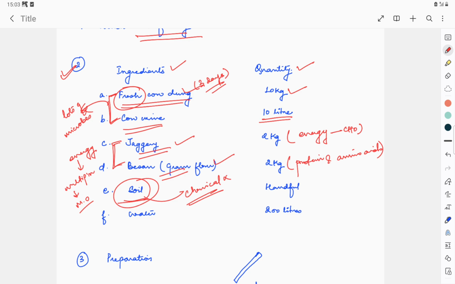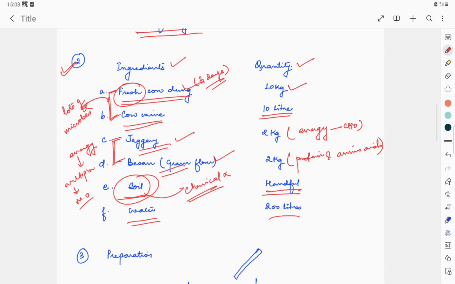It's a kind of inoculation that is going to help in better adaptation of the microbes to the local field condition. So we need a handful of soil where there has been no use of chemicals. Then we need water, around 200 liters, that is going to maintain the moisture for the microbial fermentation. So these are the things we need in order to make the Jeevamrit.